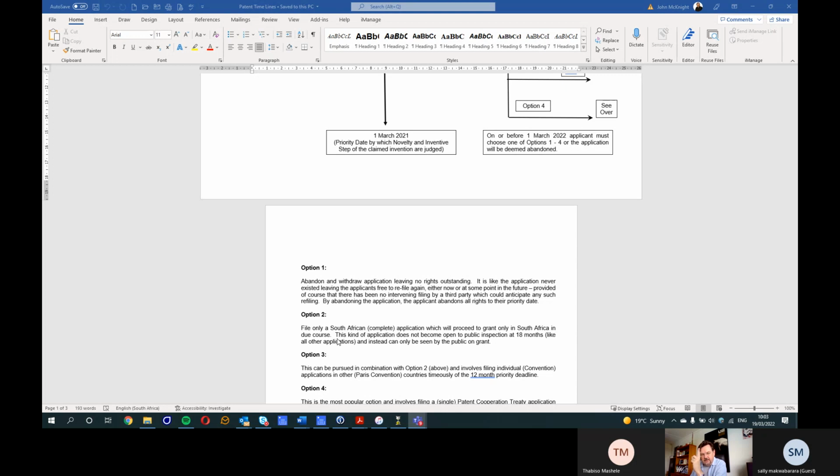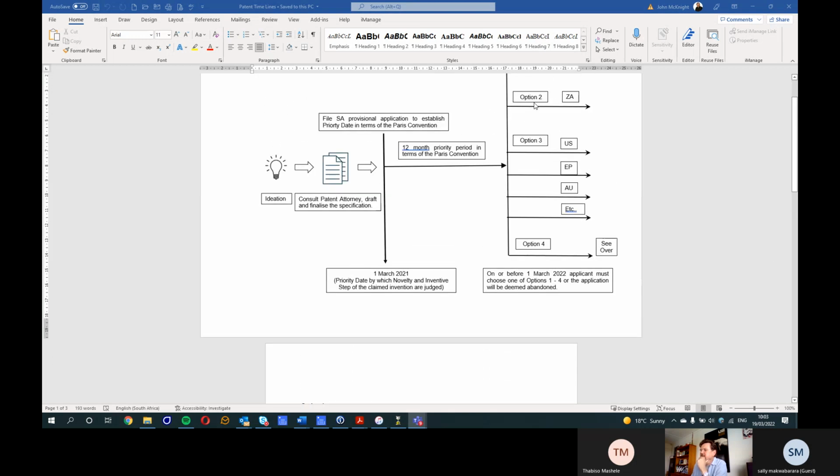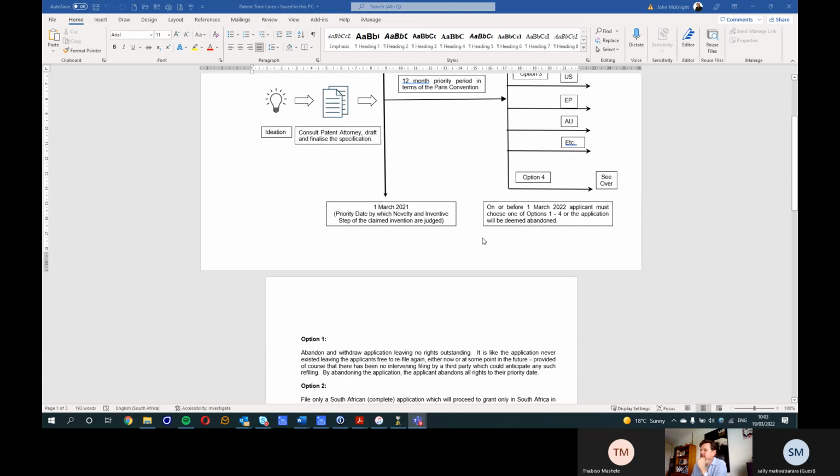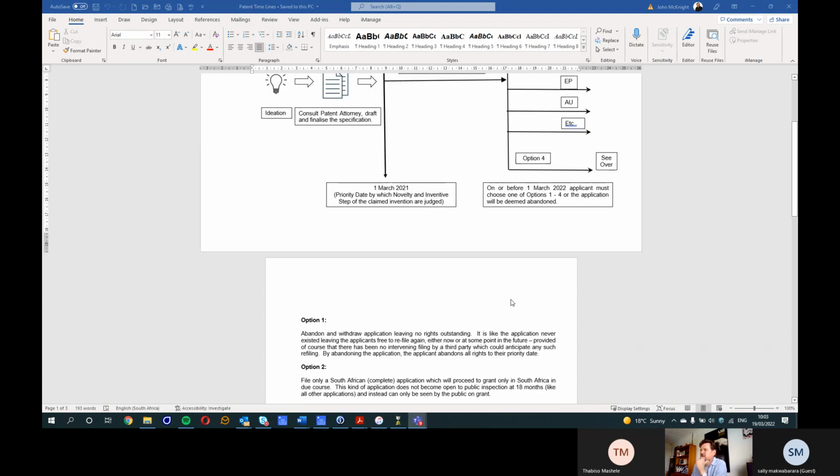Every lecture I tell you that there are dog legs in South African law, little quirks, and this is one of them. If you do that, it doesn't actually become public domain at 18 months. It in fact only becomes public domain once it's been granted, which is a year after this.